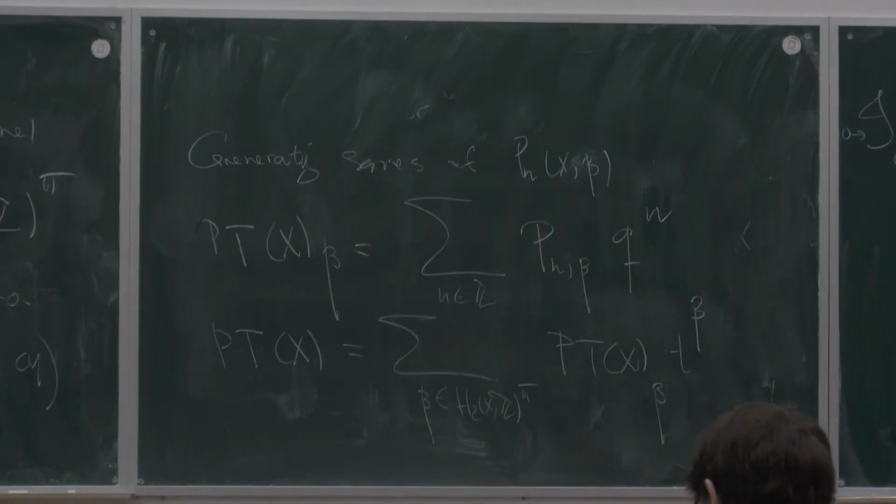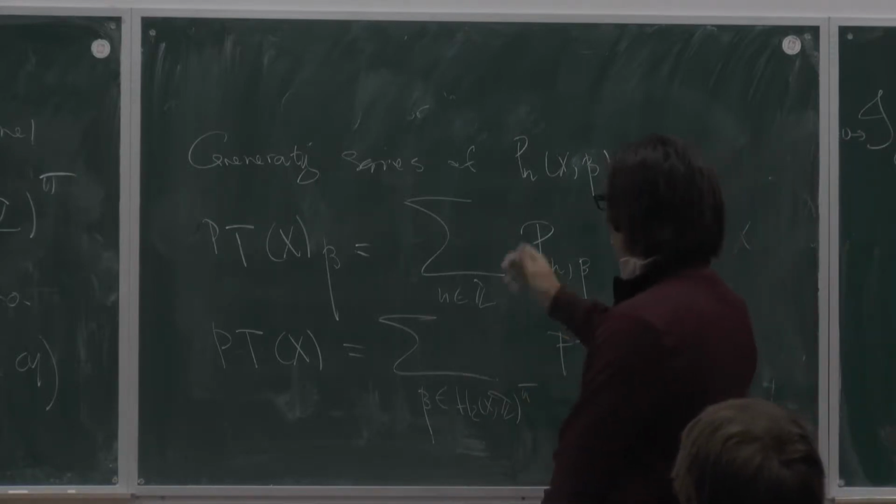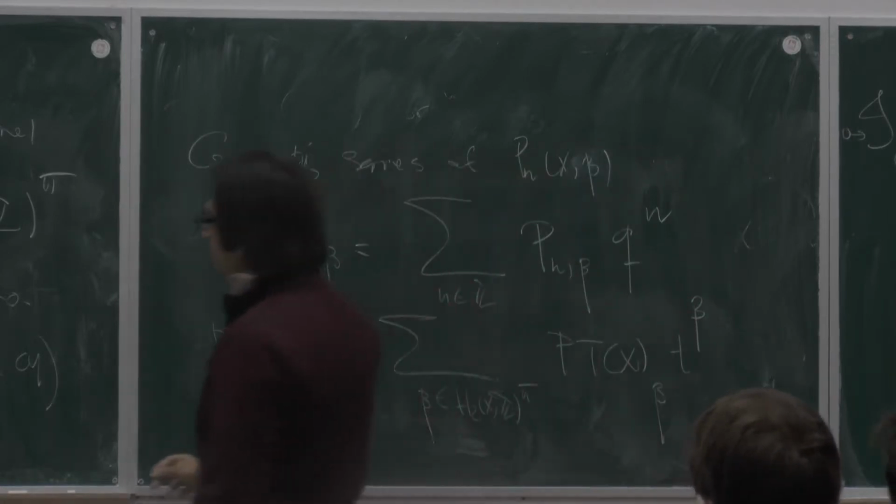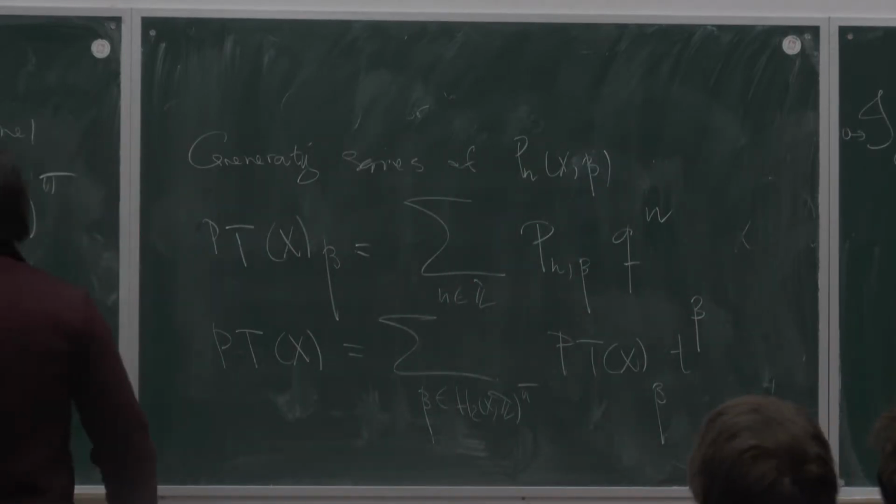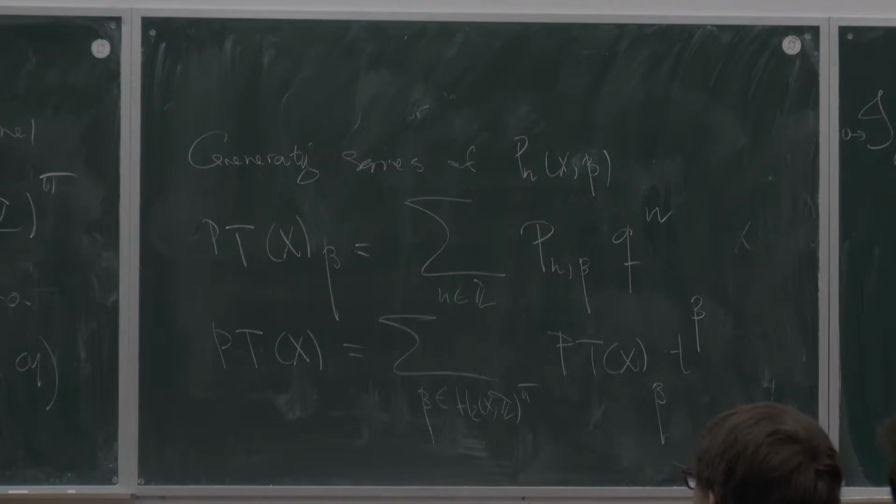Okay? And what are the coefficients in the first term? This one. These are P_{n,beta}. So I should have said it here, thanks. So this is virtual dimension 0, so P_{n,beta} is the integral of the appropriate cohomology class against the appropriate virtual class.